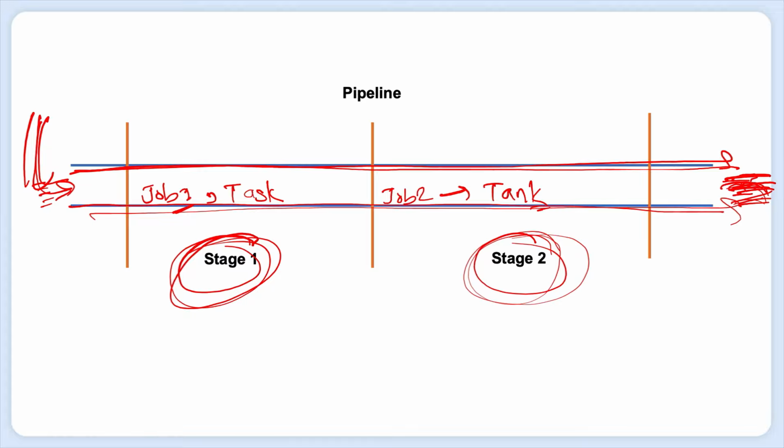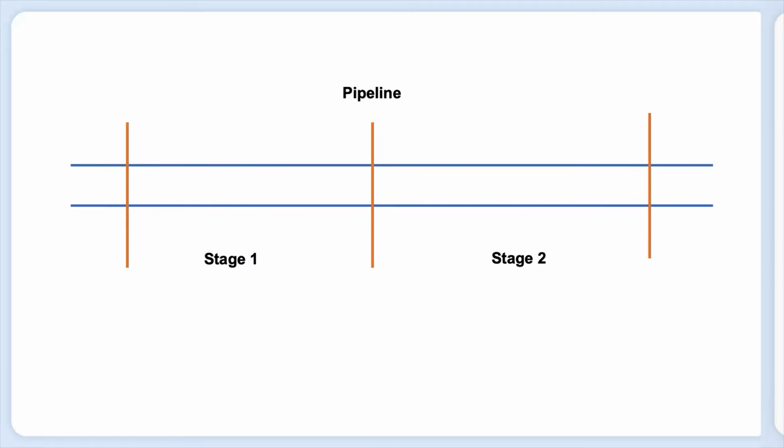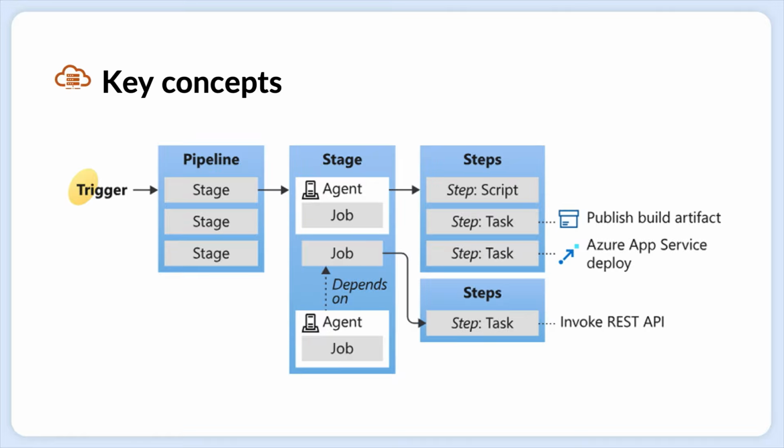In stage 1 we have job 1, and this job has some task. Then at stage 2 we have another job, with another task to do another layer of filtering, and then the water comes out. Now let's understand some important concepts that we use inside Azure pipeline.